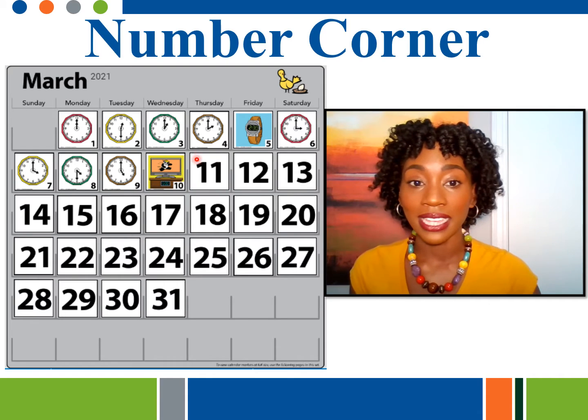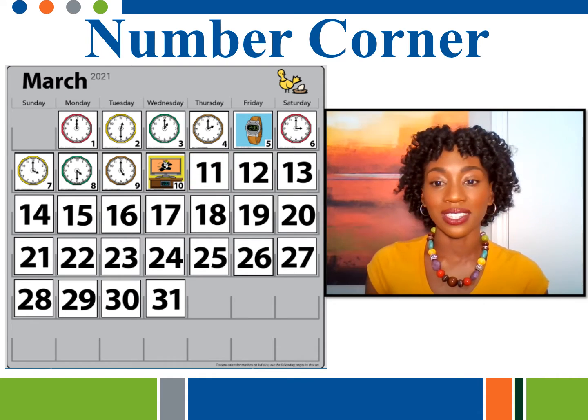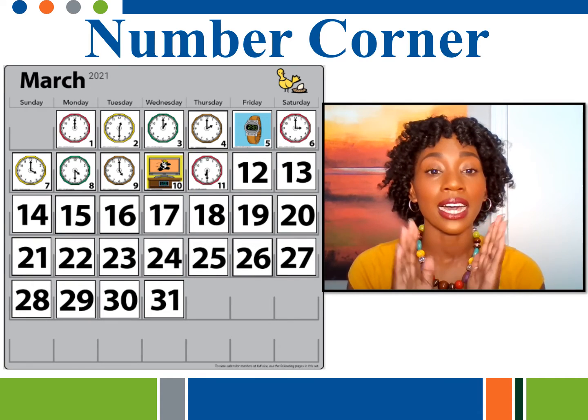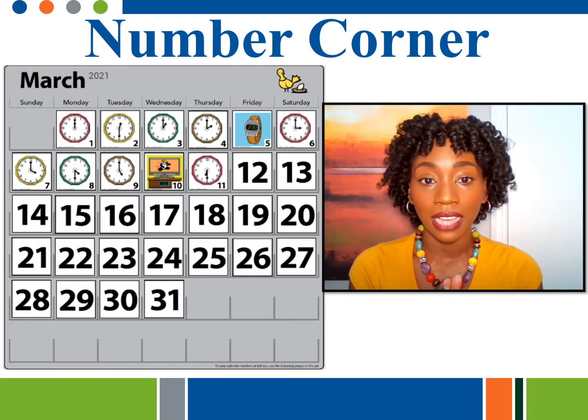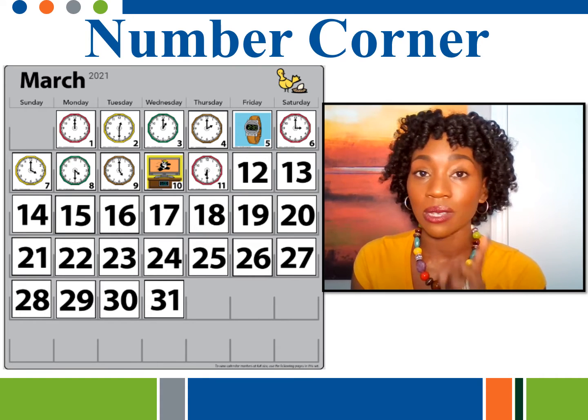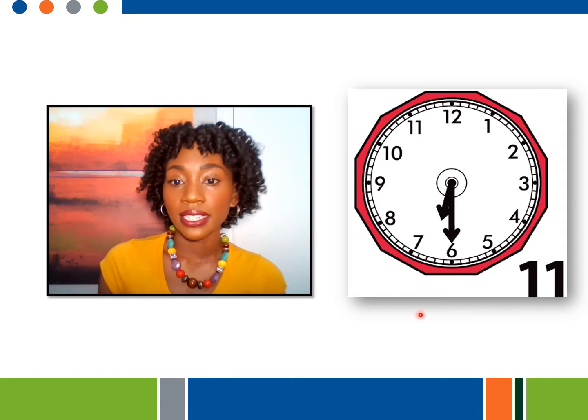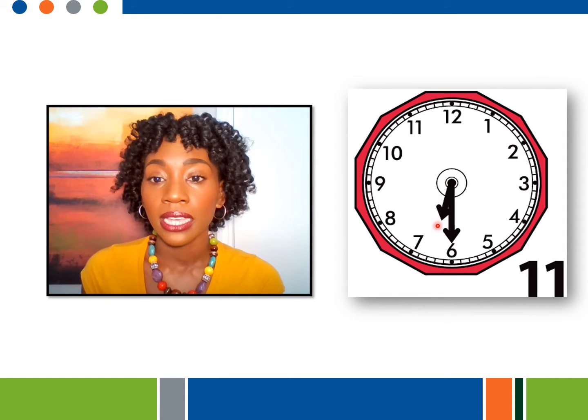Okay, let's go ahead and see if your prediction was correct. Did you predict that there would be an analog clock? And let's take a closer look to see what time is on this analog clock. Now we see that the hour hand is between the 6 and the 7, so that's the 6 o'clock hour.